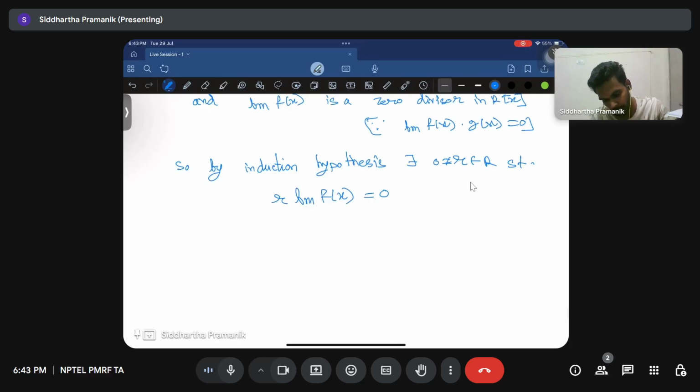So we can take the element r times bm, which is a non-zero element in R.